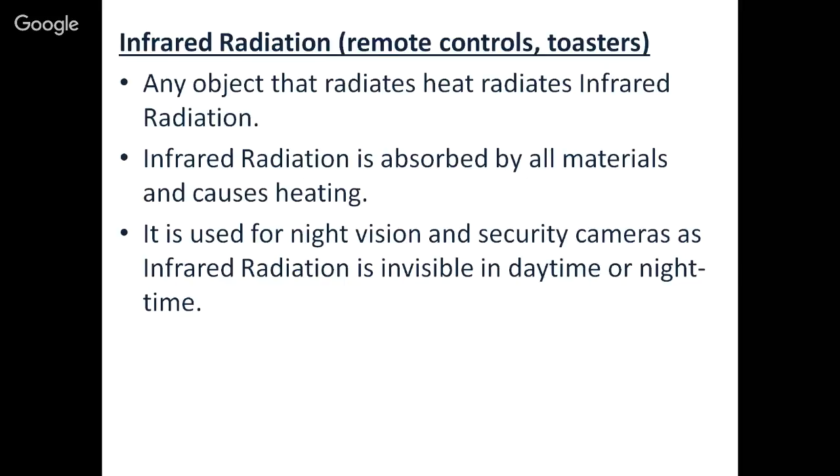Infrared radiations are used in night vision binoculars. That means during night times also we can make use of those binoculars and we can see the images even if it is dark. Even in the absence of sunlight, images can be seen with the help of binoculars. It is visible in daytime as well as in nighttime.